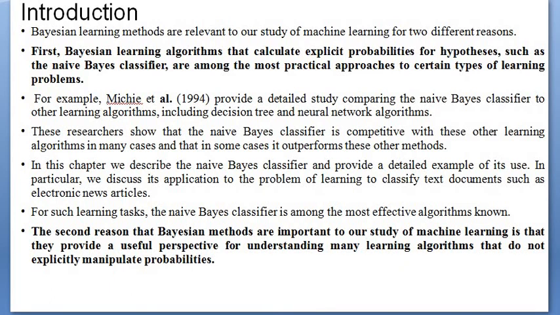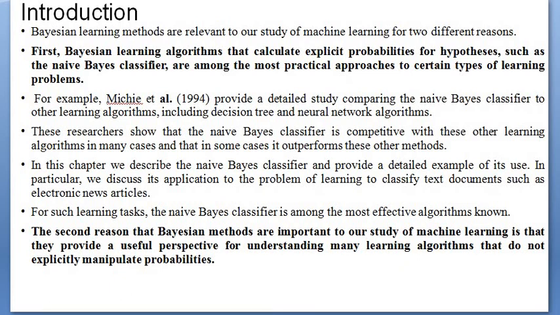that is called the best hypothesis for our problem. A scientist by the name Michie has given a detailed study about classification using the naive-Bayes classifier and other algorithms, including decision tree and neural network algorithms. These researchers show that the naive-Bayes classifier is competitive with other learning algorithms in many cases, and that in some cases it outperforms the other methods.